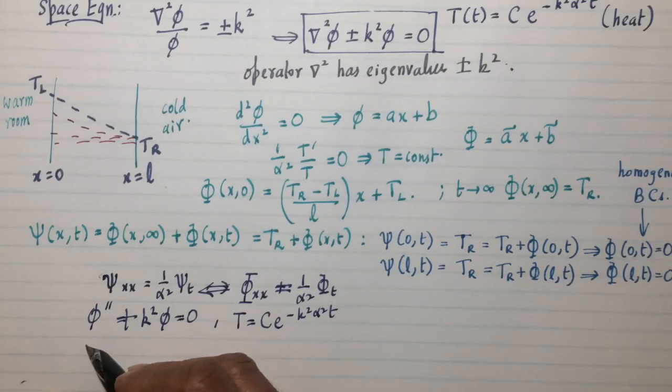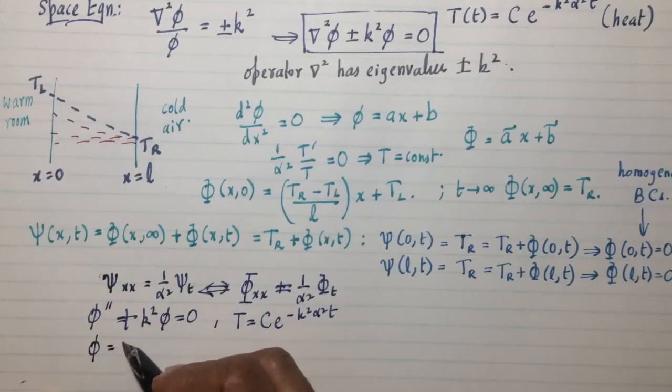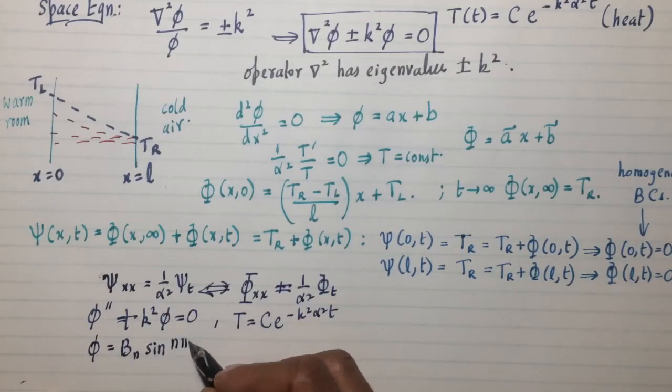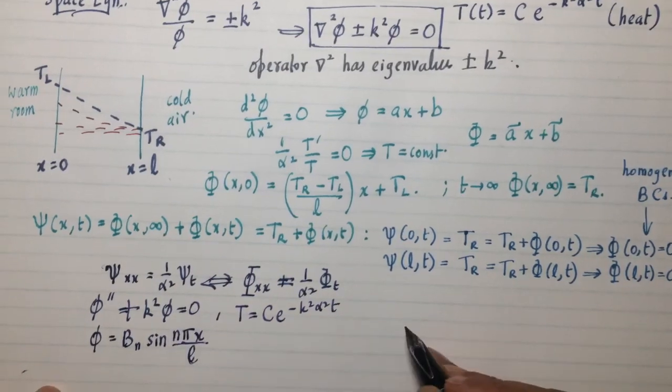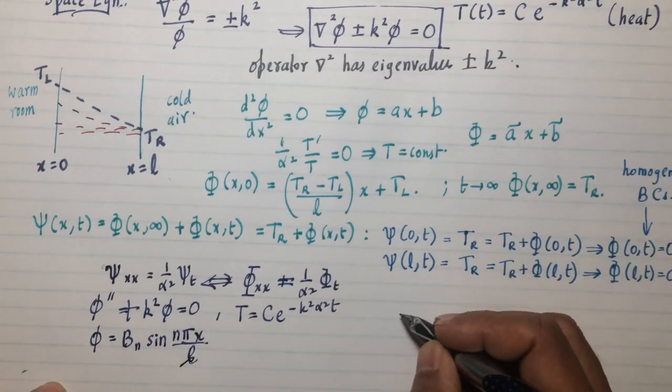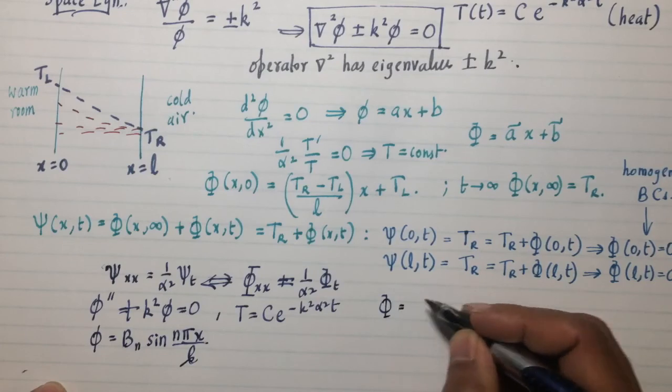So phi will be simply equal to Bn sine of n pi x over L, where L is the thickness of the window.